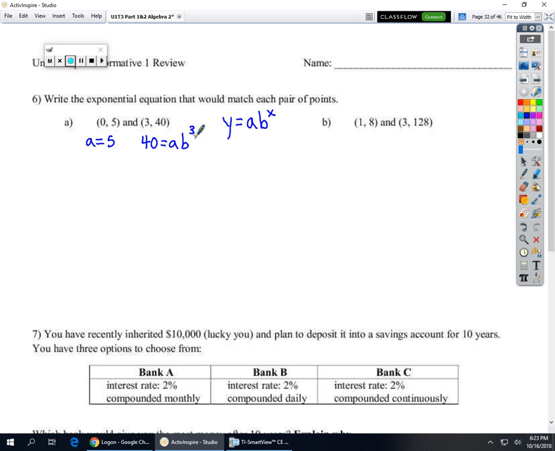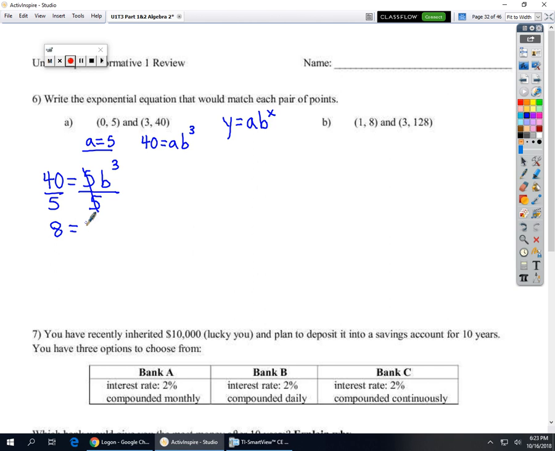Well, I know that a is 5, so I'm going to put 40 equals 5 times b to the power of 3. I'm trying to solve for b. Remember, you can't get rid of that exponent unless you deal with that 5 first. I need to divide both sides by 5. The 5's cancel. 40 divided by 5 is 8.